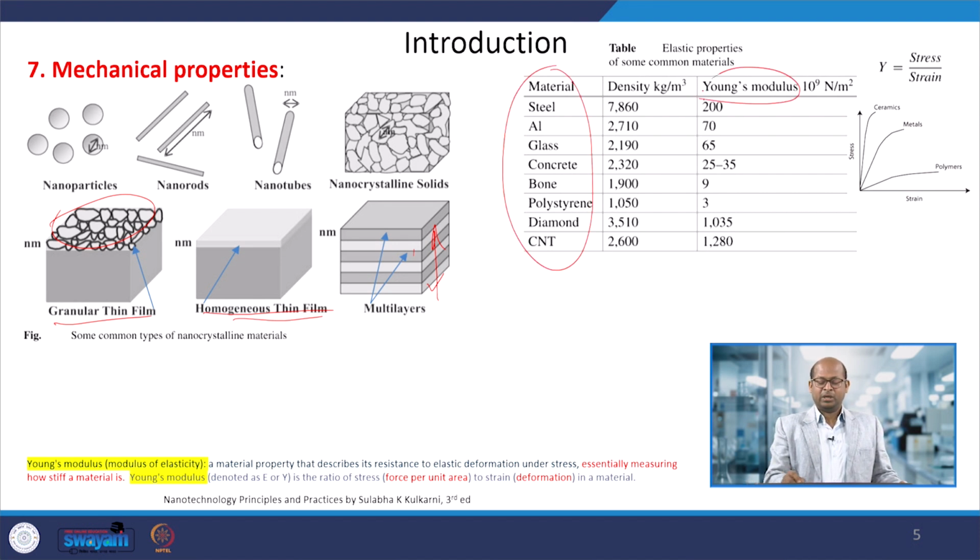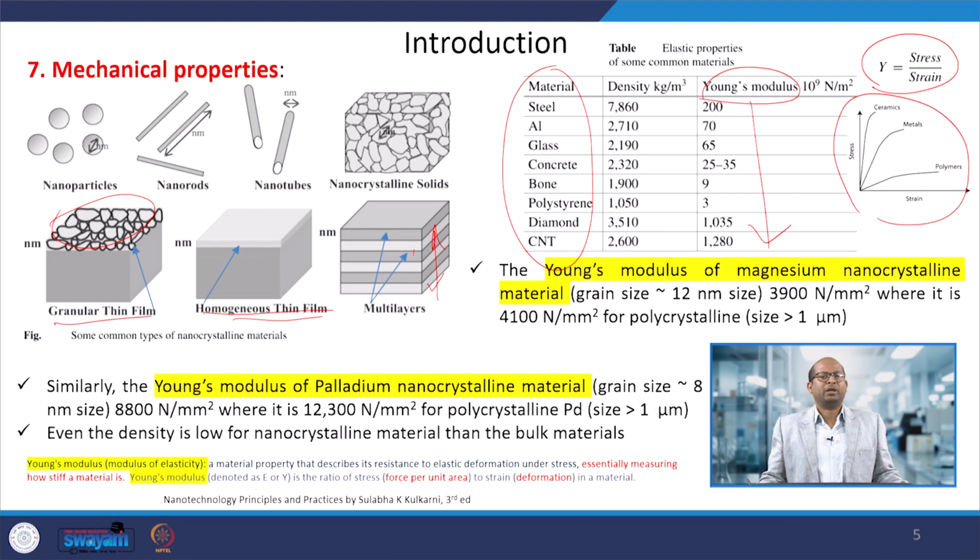Here Young's modulus was measured for the particular material. It is a very important mechanical property, expressed as stress divided by strain. Depending upon the nanomaterials we prepare, the Young's modulus of nanocrystalline materials will change.